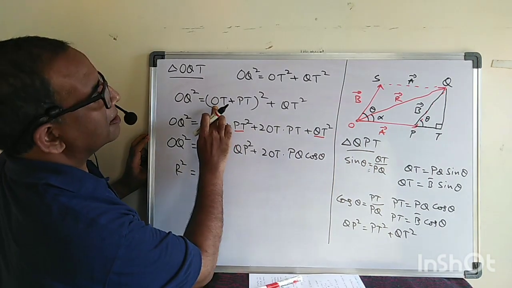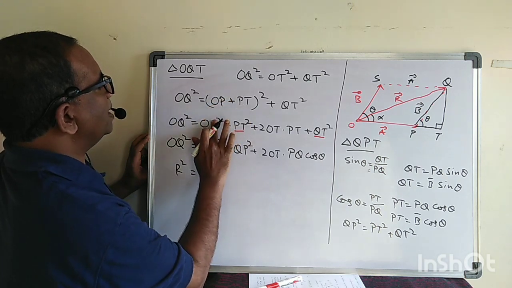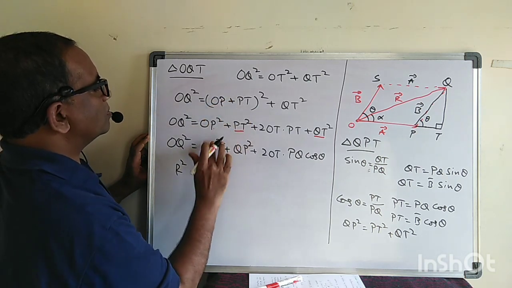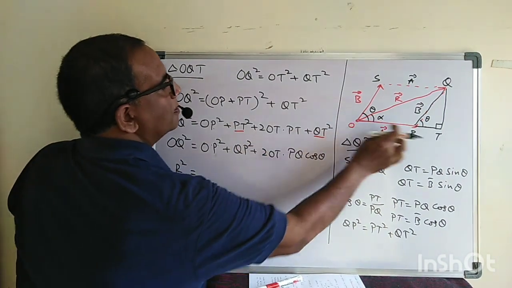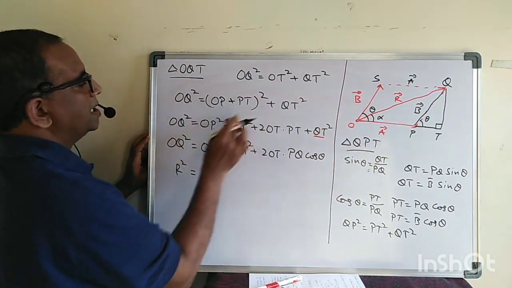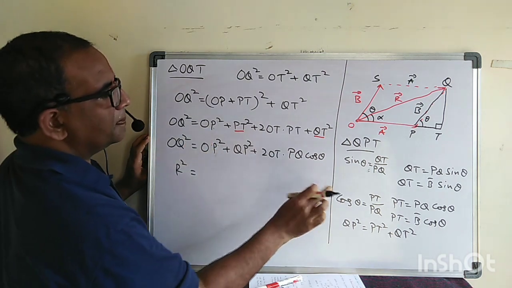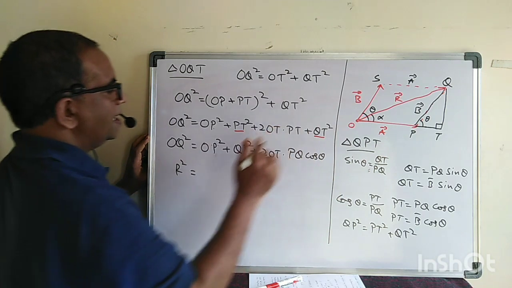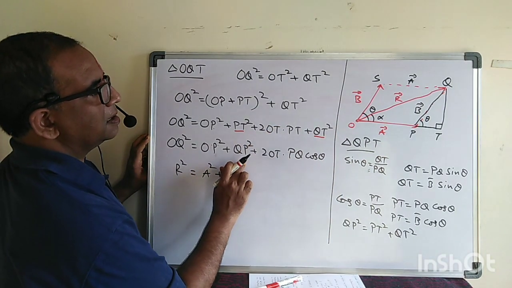Therefore resultant R square is equal to OT square. Oh sorry, this one is OP. OP square, because OT square can be written as OP plus PT. What is OP here? OP is nothing but A, therefore A square. What is QP?